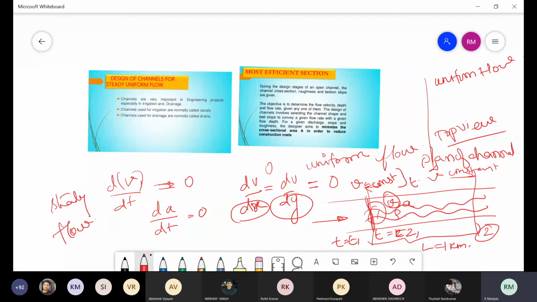With uniform flow, the flow parameters are constant over space, along the length of the channel across the sections X and Y. If it is constant, then it is called uniform flow. So we are going to design channels for steady uniform flow.